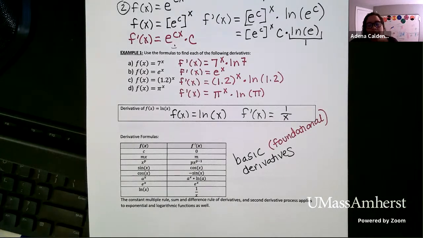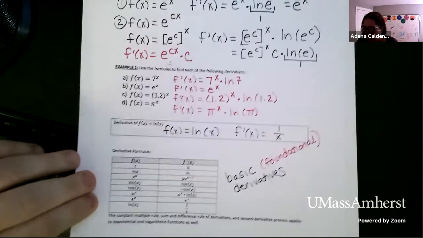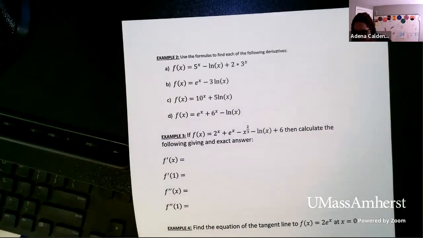Second derivatives means that you're going to apply the same rules to the first derivative to get to the second derivative, right? So you're just doing the derivative process twice. And so we can use all of these things also with exponential and logarithmic functions. So let's do a problem that will let us practice that a little bit.